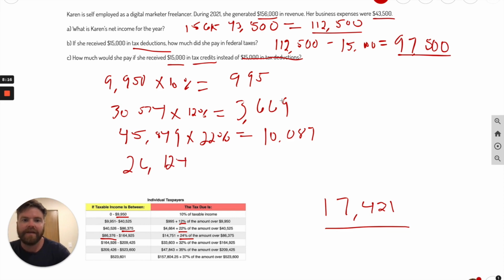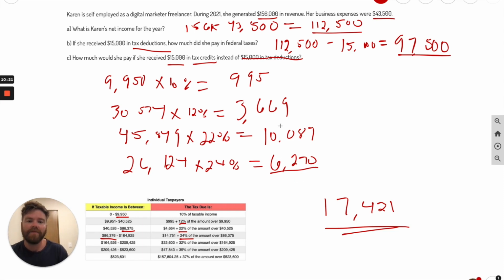And again, how I got that number was I took my 112,500, her net income, subtracted the 86,376 because we're in that bracket there. And we multiply that times 24%. And there we go. Once you multiply that out, we get 6,270.